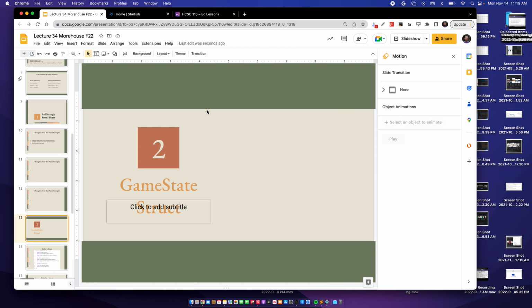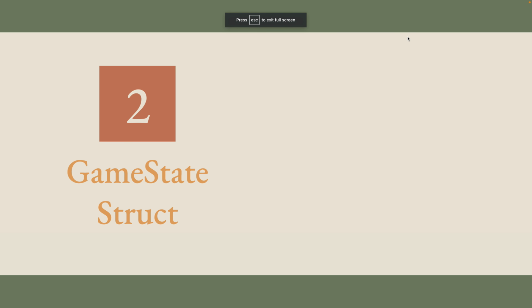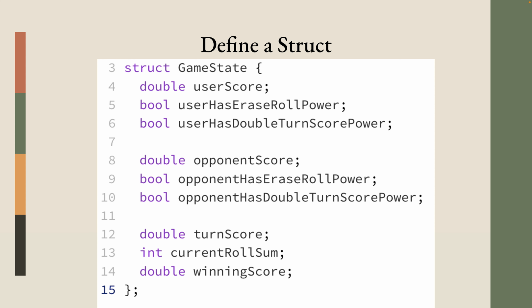Okay. So let's talk a little bit more about structs, but this time in the context of the project. So we're going to talk about the game state struct. Last class, we were talking about information that would be useful when you make your decision on whether to erase the roll, double the score, or stop rolling, essentially end your turn, right?